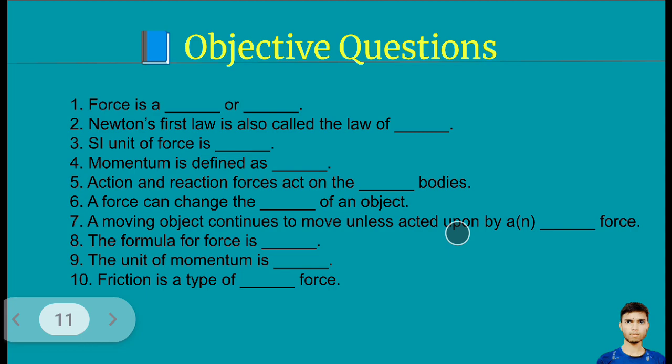Now next question. Action and reaction force act on what? Same body. A force can change the shape of an object. Yes, it can change the speed of an object. A moving object continues to move unless acted upon by a force.